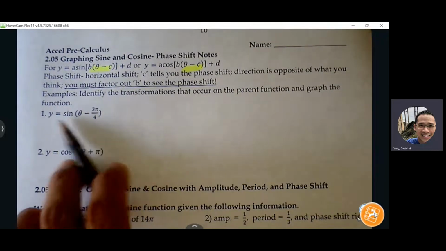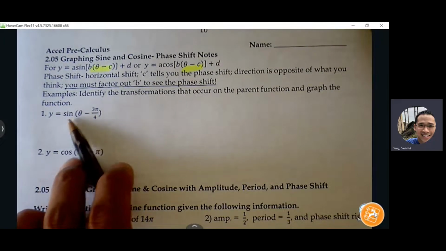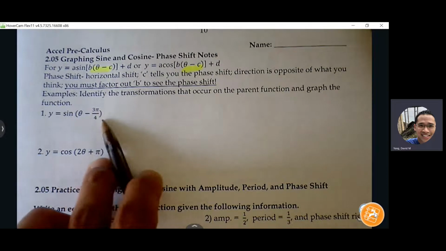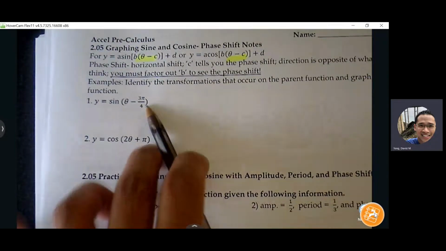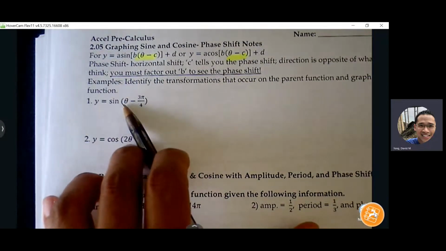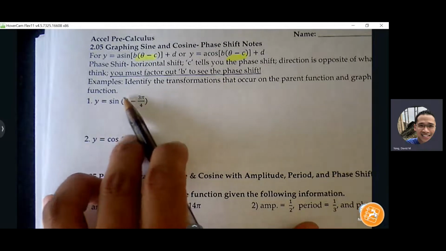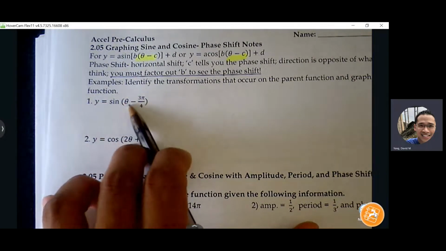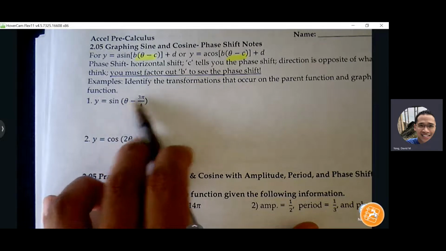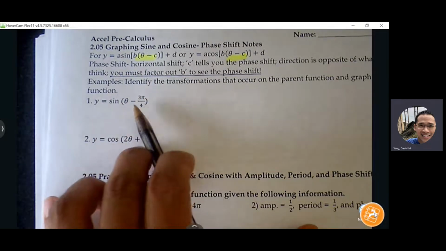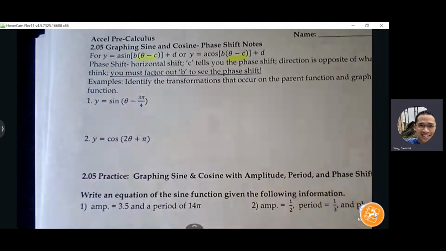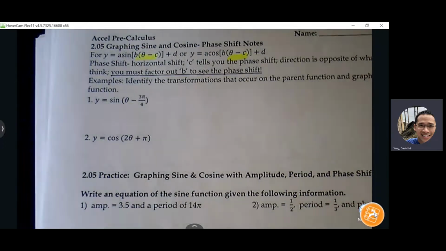Okay, so here for number one, y equals sine of theta minus 3 pi over 4. So the thing is that we want to make sure that the theta is by itself. If theta is attached to anything at all, we've got to factor it out because that's going to impact what we are really able to see. Here, there's no number in front of theta, so it's just a 1.